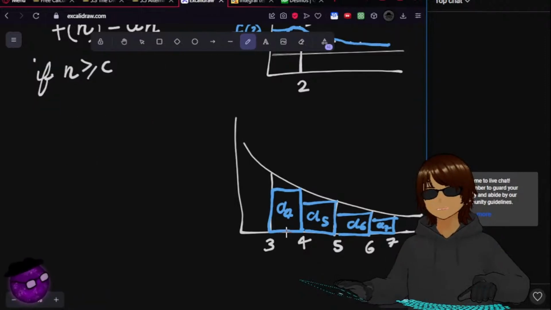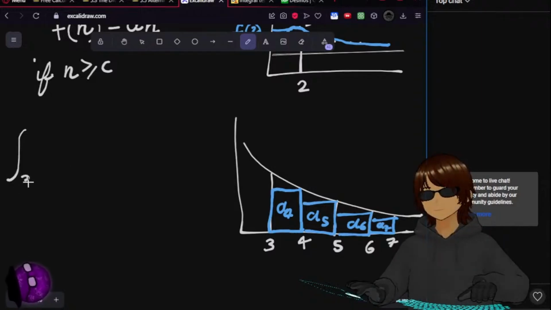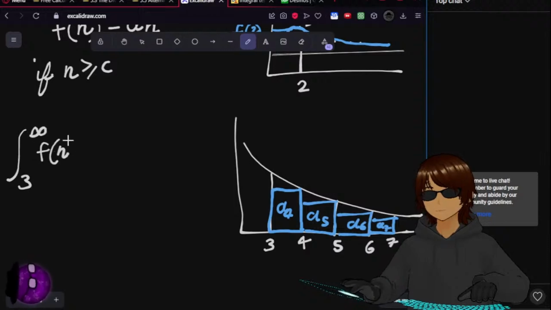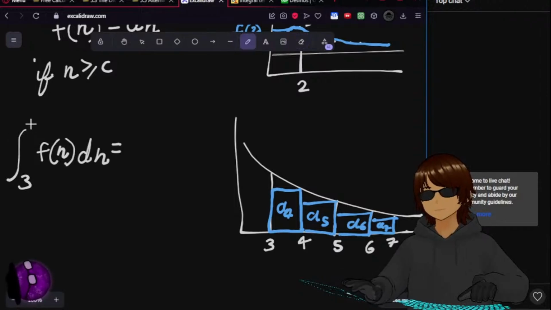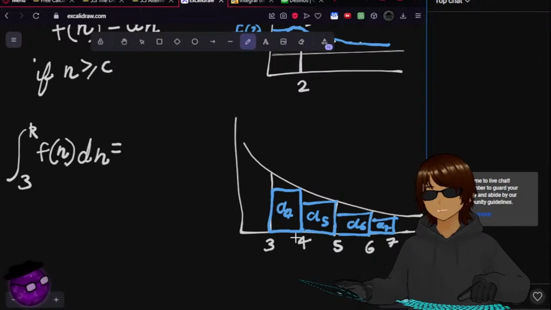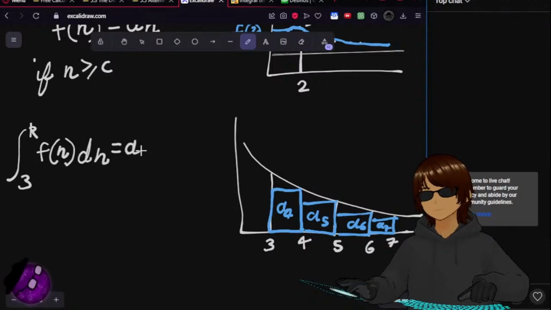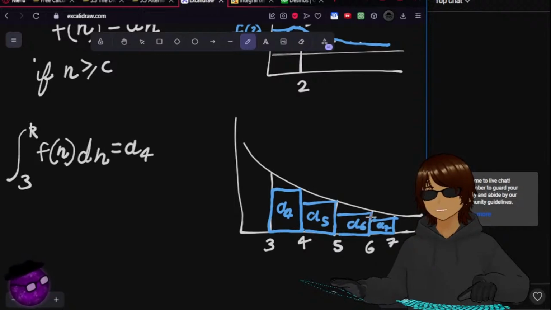So the integral from 3 to infinity, or let's do k actually, would be from A4 plus A5 plus A6 plus A7 till AK.